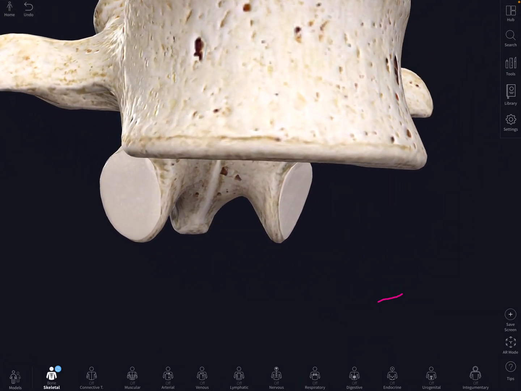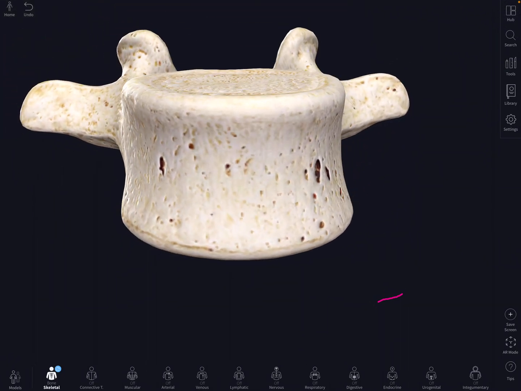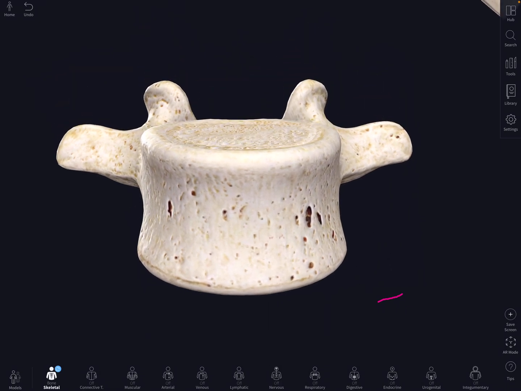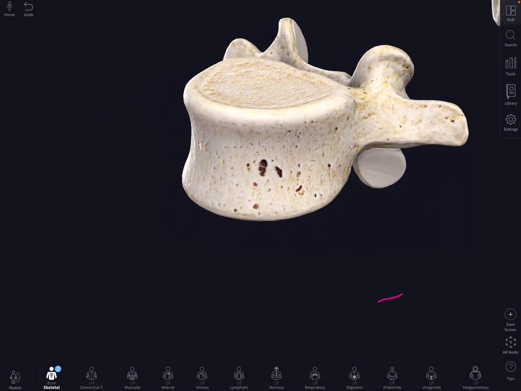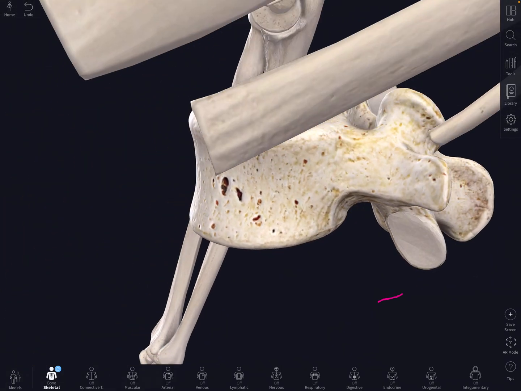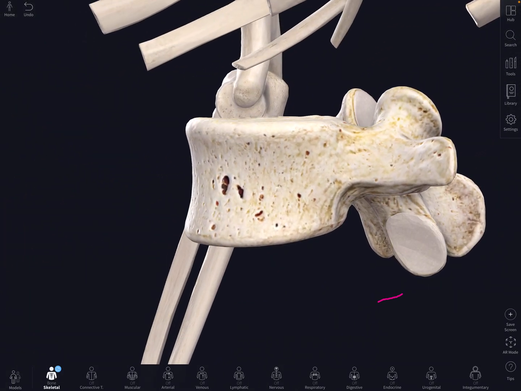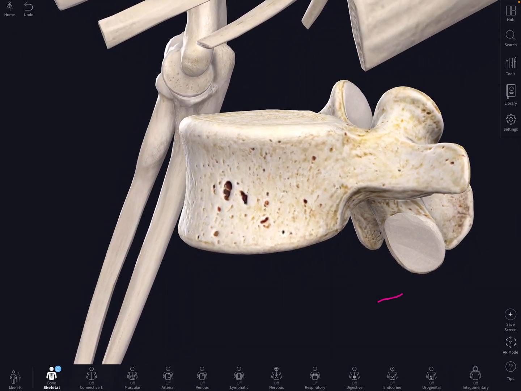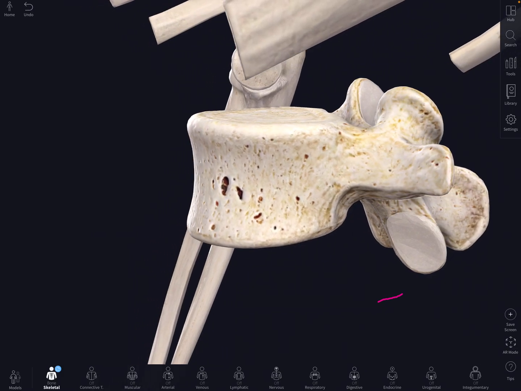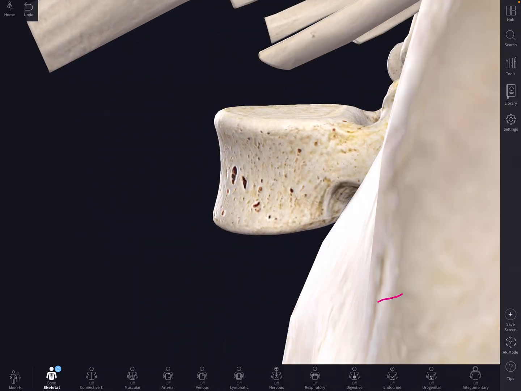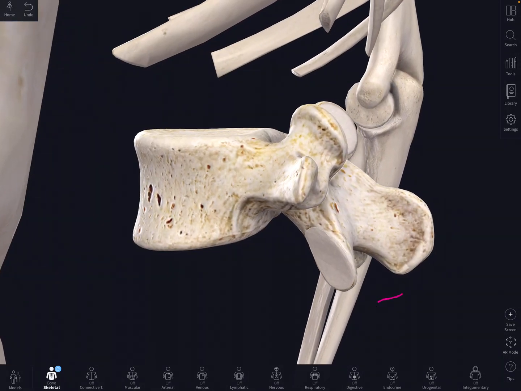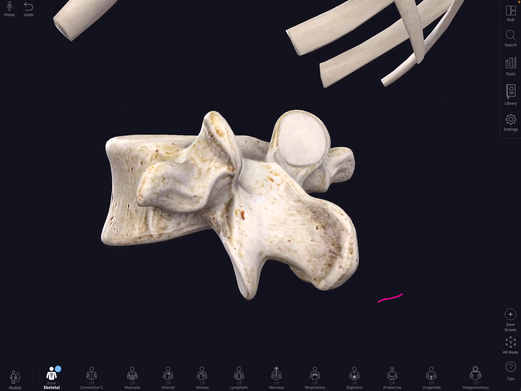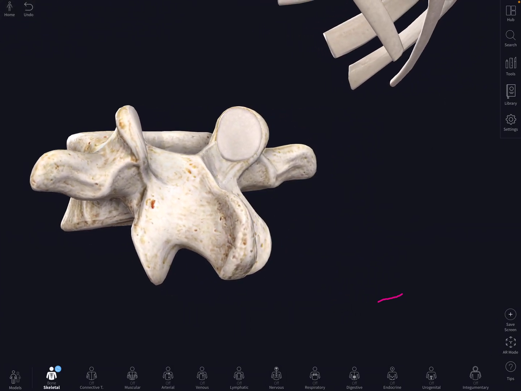And those are the features of a typical lumbar vertebra. A large body, no articular facets for the rib, so we know it's a lumbar. We know that the pedicles arise from the upper part of the body, and therefore our inferior notch is much deeper compared to the superior notch. If we bring it into its posterior view, we can see the transverse processes are relatively short.